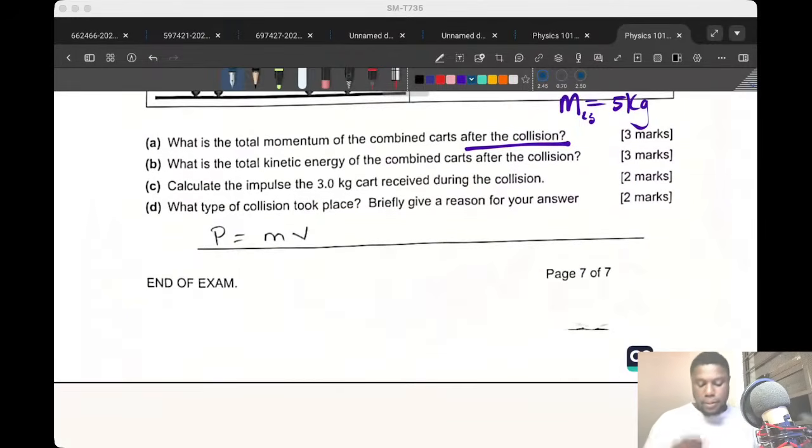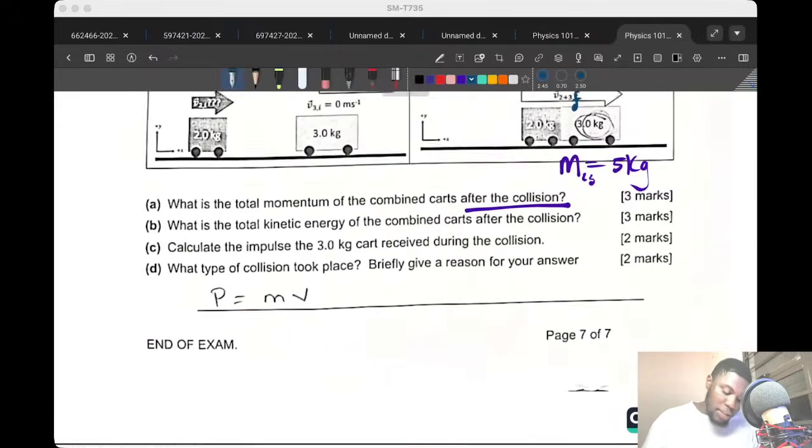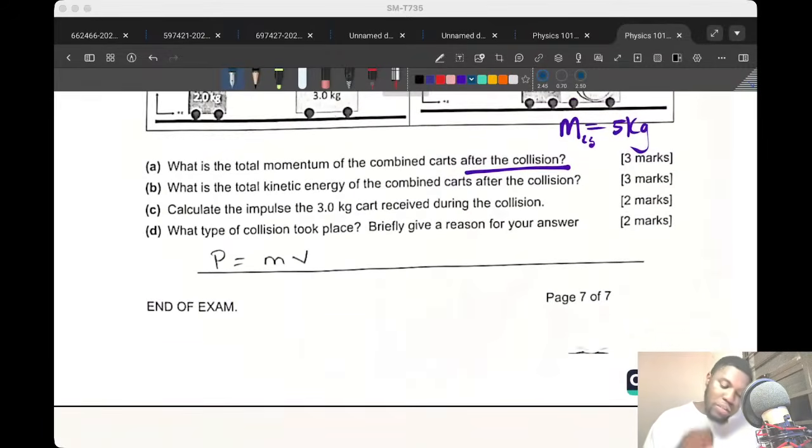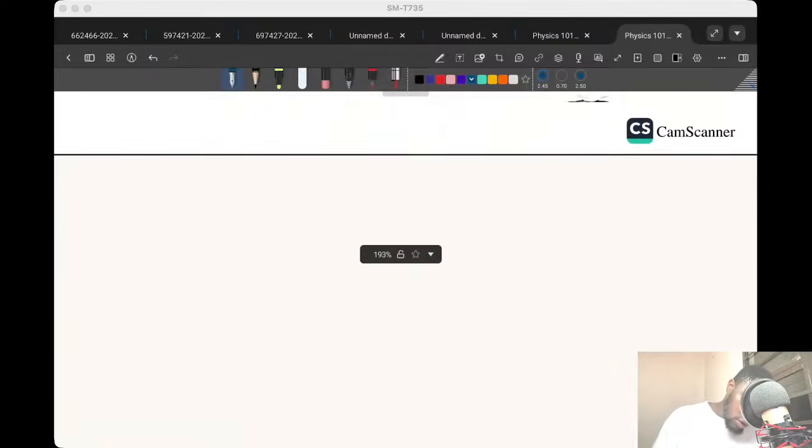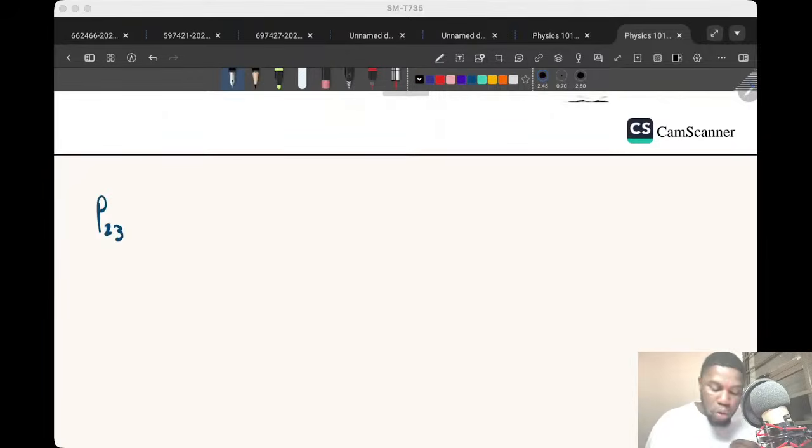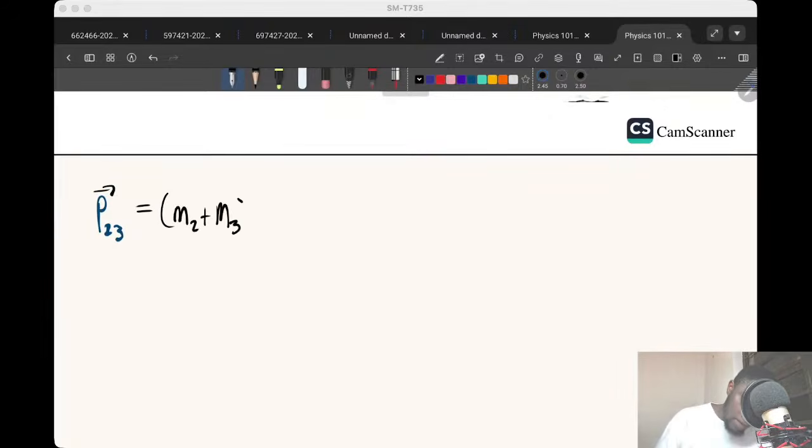So quick. What is the total momentum of the combined carts after the collision? You're going to say momentum of object 2, 3, because one was 2 kg, the other one was 3 kg, so we can call them objects 2 and 3. Momentum is going to be equal to mass of the 2 plus mass of the 3, multiplying the velocity of 2, 3, the final one.